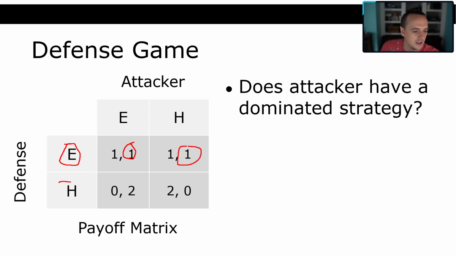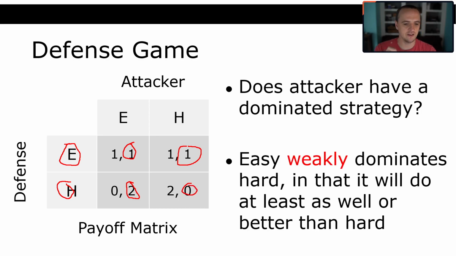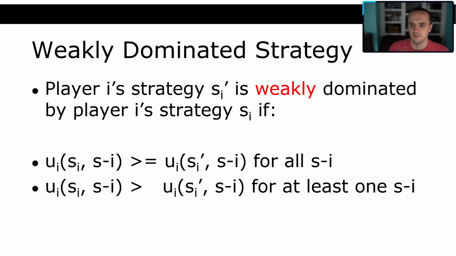So if the defender chooses hard, then choosing easy is going to be better than choosing hard. So easy weakly dominates hard, in that it will do at least as well as, or better than, hard.